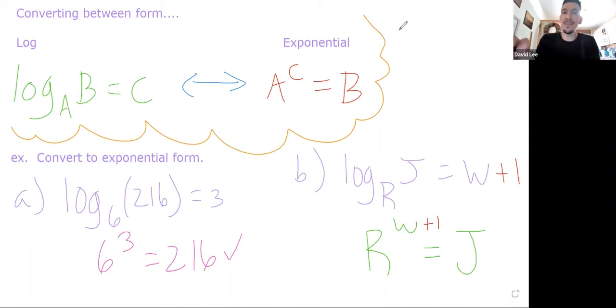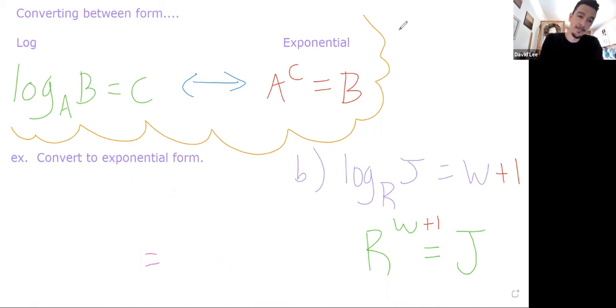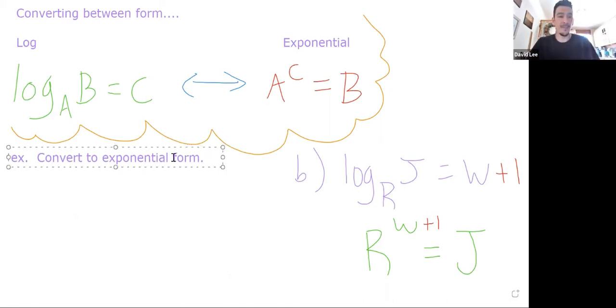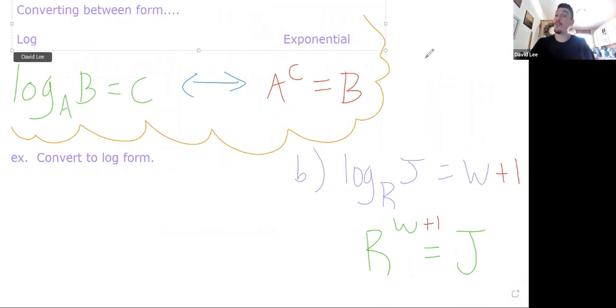So why don't we do the same thing, but completely backwards? Let's go from exponential back into log. So let's see if we can just change the directions here. It'll say convert to log form. Let's do the exact same thing, but we'll put this in reverse.